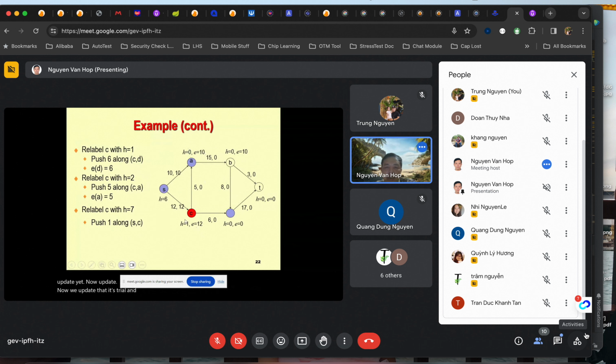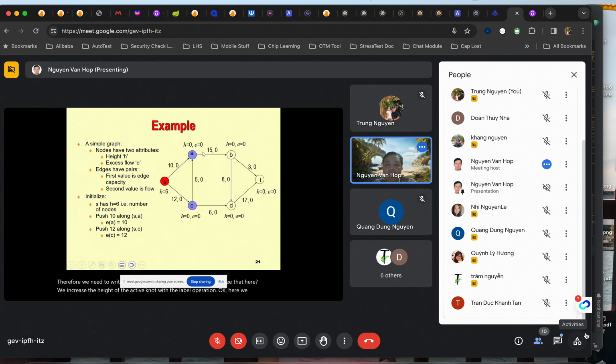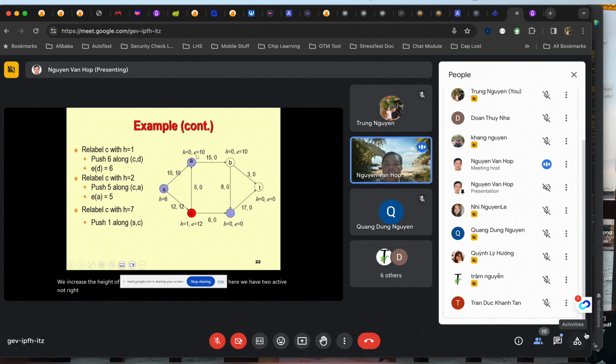Okay. So the next step: you see that this one and this one are the next neighbor nodes. Therefore, we need to rise up this one. We increase the height of the active node with the relabel operation. Here we have 2 active nodes, right? Because the excess amount is bigger than 0.